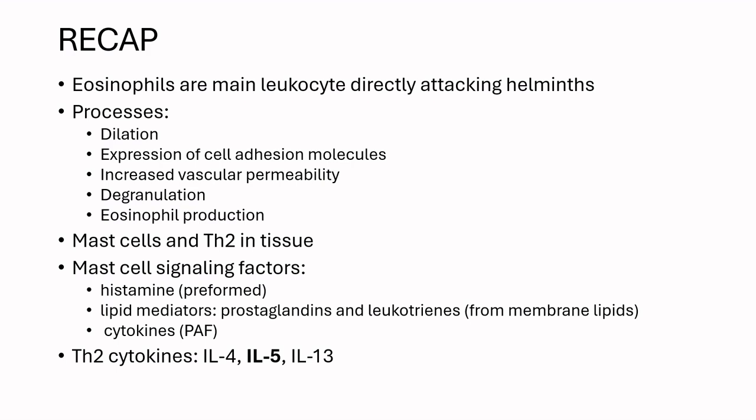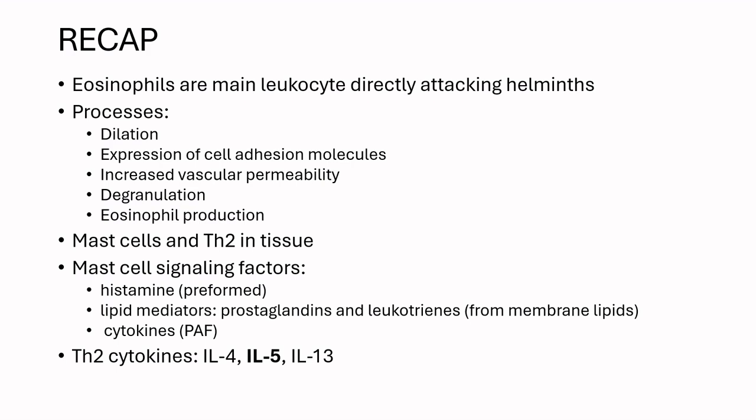Then we said important mechanisms in getting those eosinophils there and having them attack these helminths is the dilation, so the widening of the blood vessels, the expression of cell adhesion molecules on these endothelial cells of the blood vessels, the increase in vascular permeability, then the stimulation of the degranulation of the eosinophils, and the stimulation of eosinophil production back in the bone marrow.